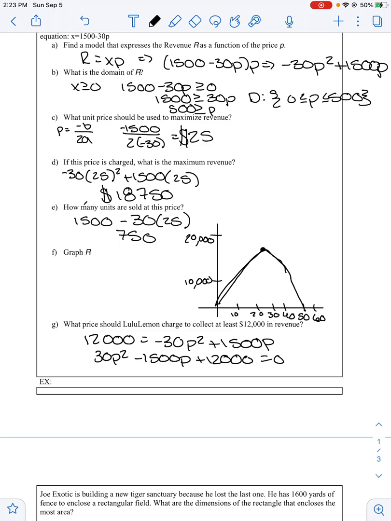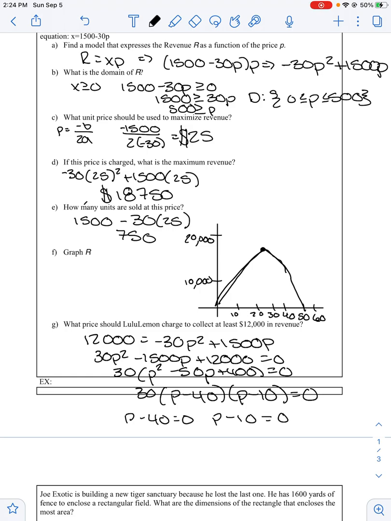And then I can factor out a 30 on the left side, and then factor what's inside my parentheses. Set the two sets of parentheses equal to 0. So p equals 40 and 10.